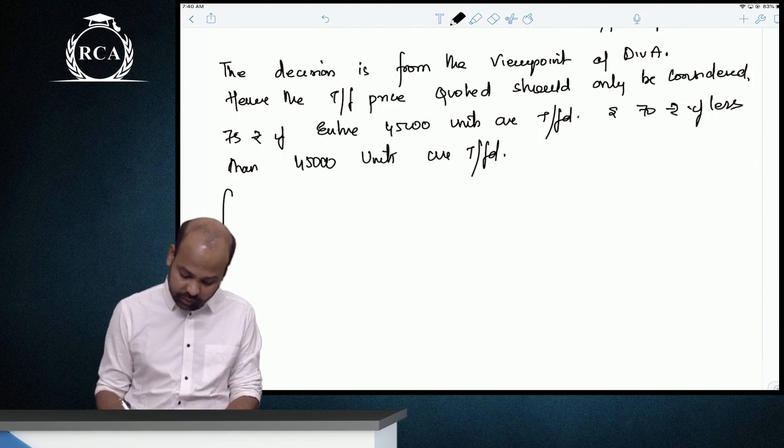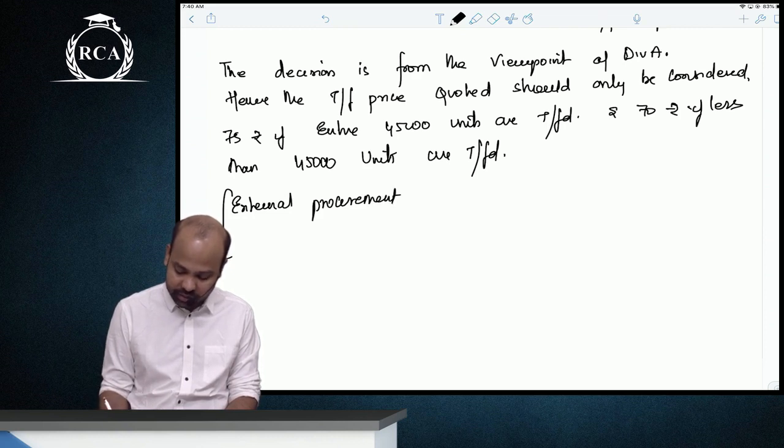If you see, guys, the external procurement cost, this is just for our understanding. All of these points you're not supposed to write in the exam. The external procurement cost for division B is 75 rupees.